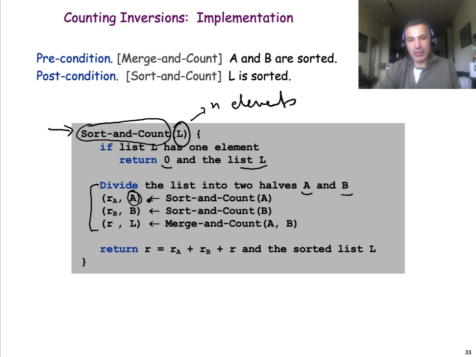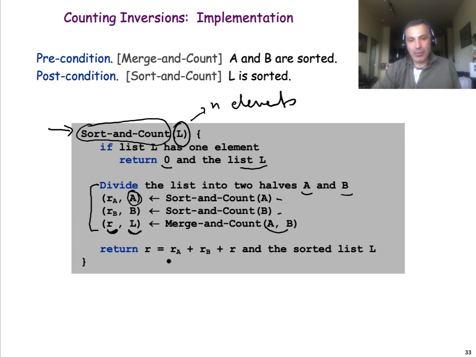This function will do two things. It will sort the array and it will also count the inversions in A, and similarly for B. Now, when both of these recursive calls have returned, in other words, now A and B are sorted, we can call the function I showed you earlier, the merge and count function, on these two sorted arrays A and B, merge them into the array L, which will also be sorted, and in parallel we're counting the inversions that happen between A and B. So finally, we're ready to return the total number of inversions in the array L. What is that total number?